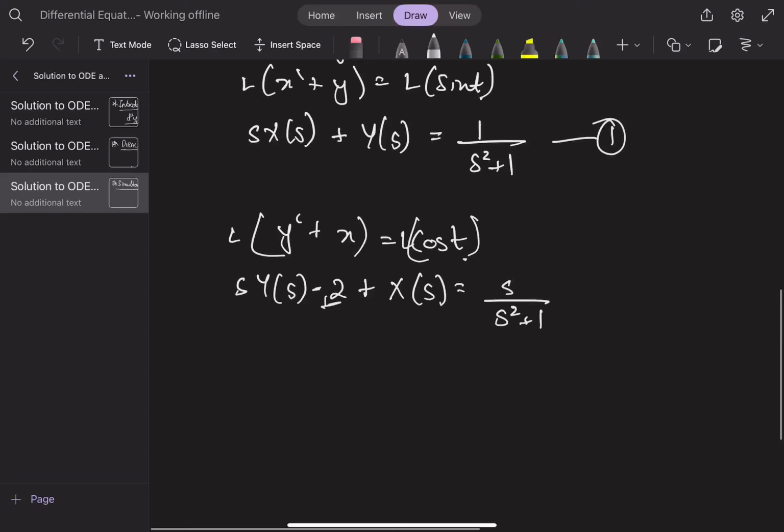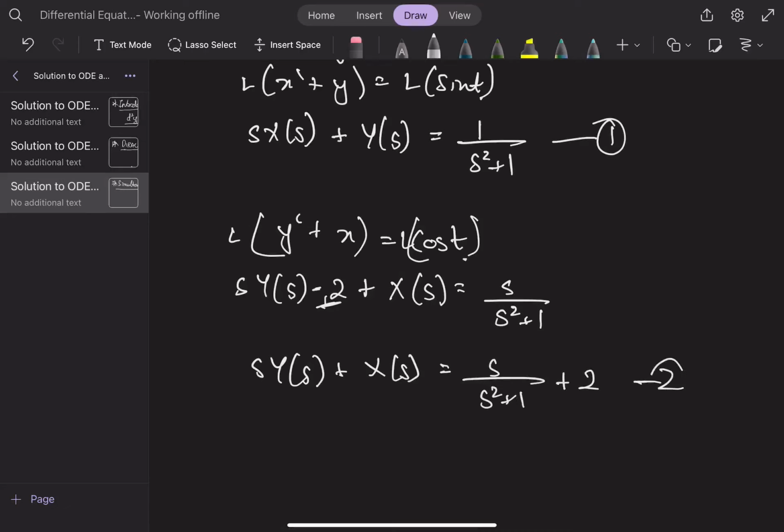Let's take this 2 to the other side. So you'll get sY(s) plus X(s) is equal to s upon s square plus 1 plus 2. Now this is your second equation. Basically you have these two equations and you need to solve them for X(s) and Y(s).